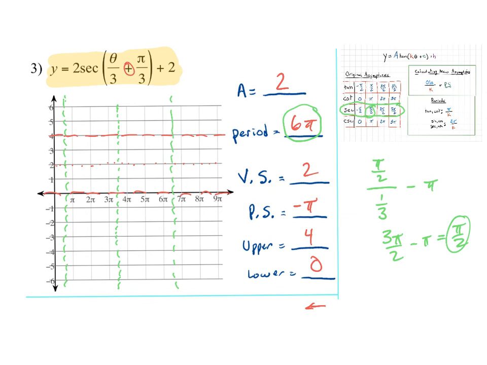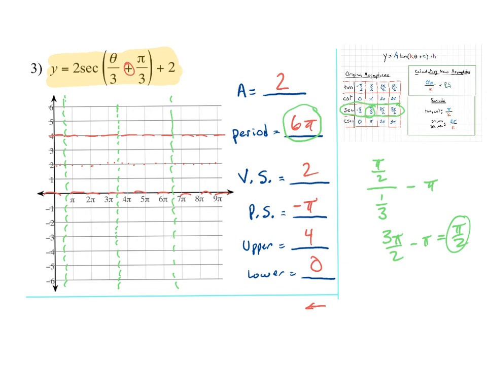Okay, so now I've got these regions: the regions that are above the red line and between the green lines, and the region that's below the lower red line and between the green lines. The only thing I have left to do is figure out where in the world this function is going to start. Keep in mind that each square is pi and that the entire period is 6 pi.